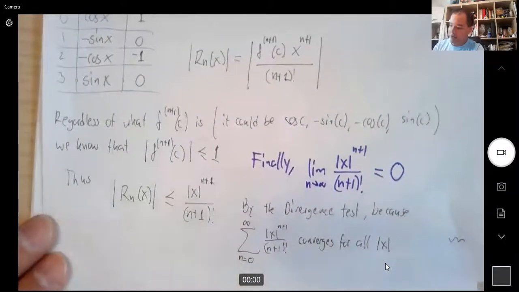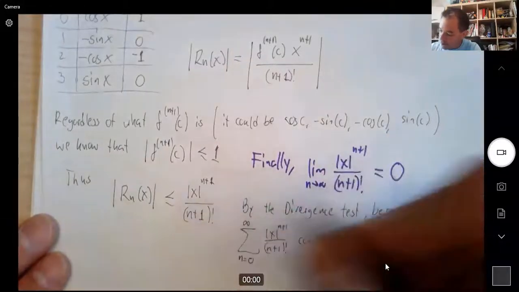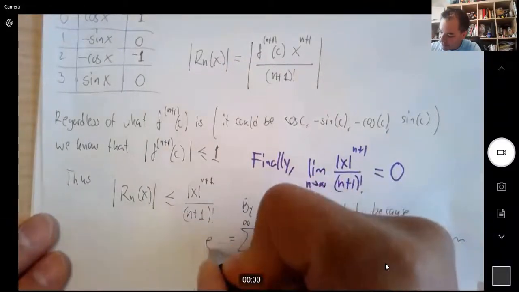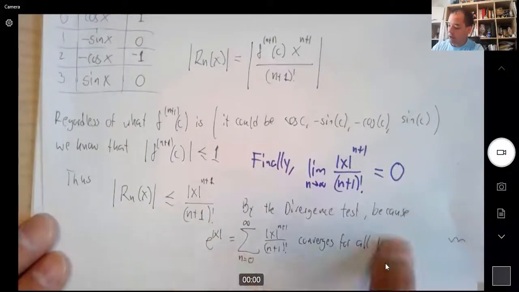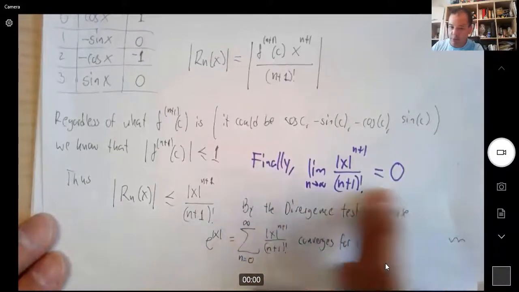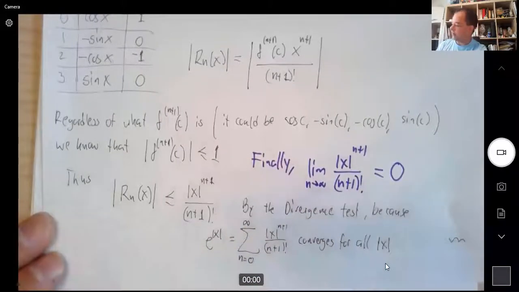And the way we did it is because we know this one converges. And how do we know this one converges? Because that's the power series for e to the x, right? This is like e to the absolute value of x. So because we know this one converges, then this limit has to be 0. That's how we used it.